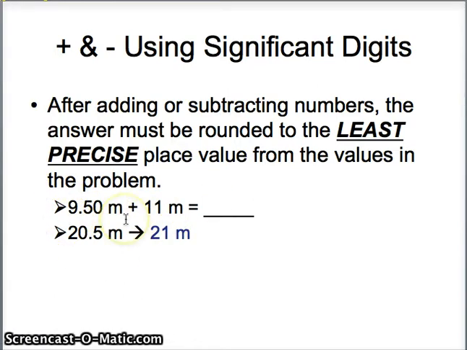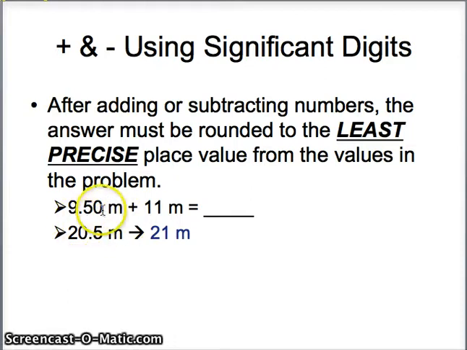Term 1 is 9.50, term 2 is 11 meters. You need to look at the least precise place value. Precision is the number of digits carried out as far as you can to the right.